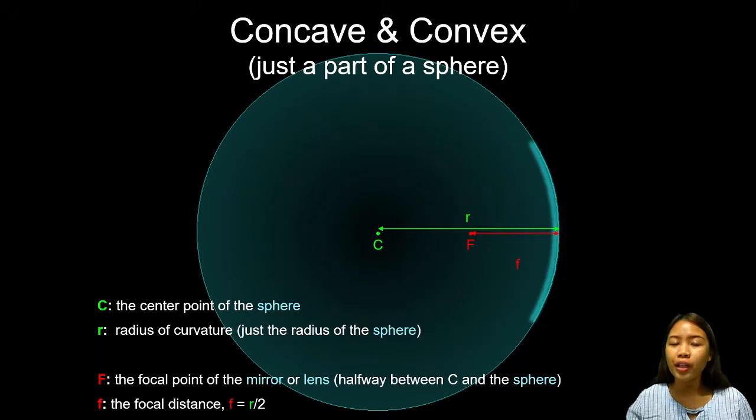So, radius divided by 2 and that is equal to the focal length. Okay, focal length, I'm sorry, not focus. So, the focal length will give you the idea to where the focus is located. Okay, so I hope na clear lang siya.